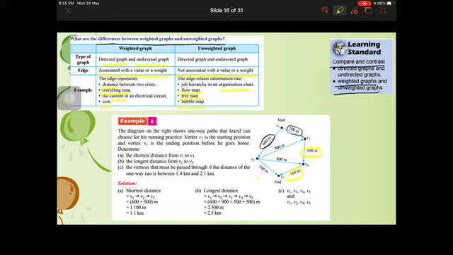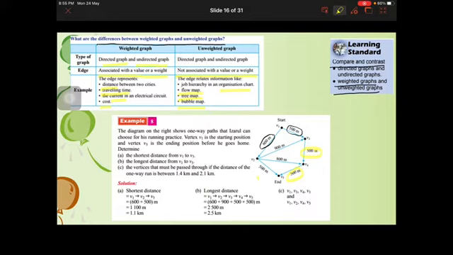The diagram on the right shows one-way paths that Izarul can choose for his running practice. Vertex V1 is the starting position and vertex V5 is the ending position before he goes home. Determine A, the shortest distance from V1 to V5. B, the longest distance from V1 to V5.